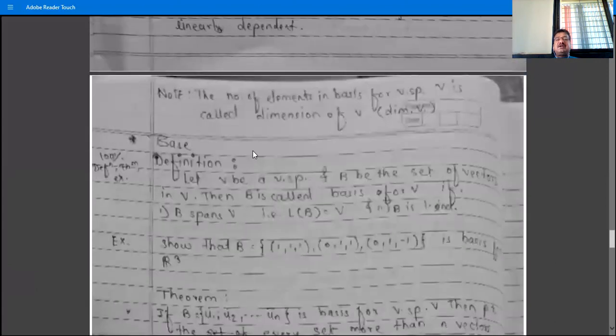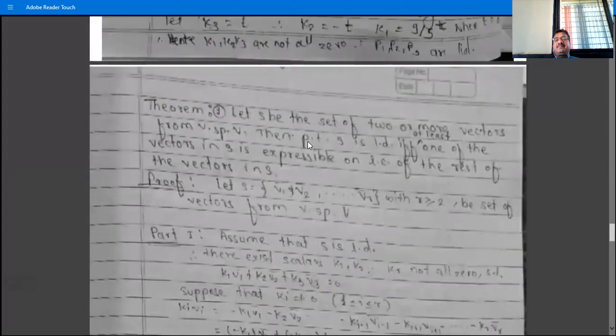So what is its equivalent statement? If S is a set of two or more vectors from the vector space V, then S is linearly independent if and only if no vector in S is expressible as a linear combination of the rest of the vectors in S. The negation of 'there exists' is 'for all'. So this is the equivalent statement.